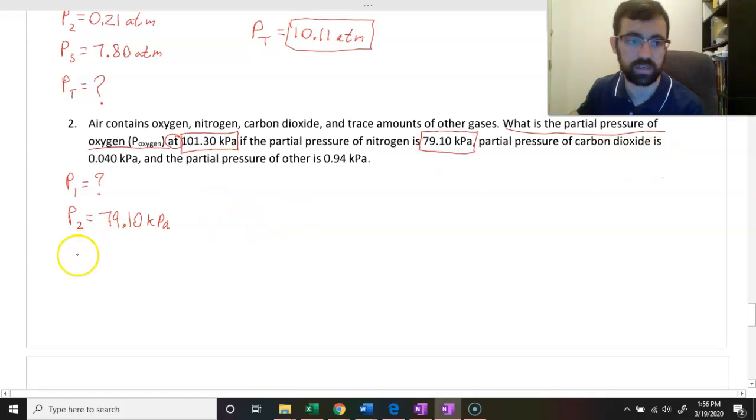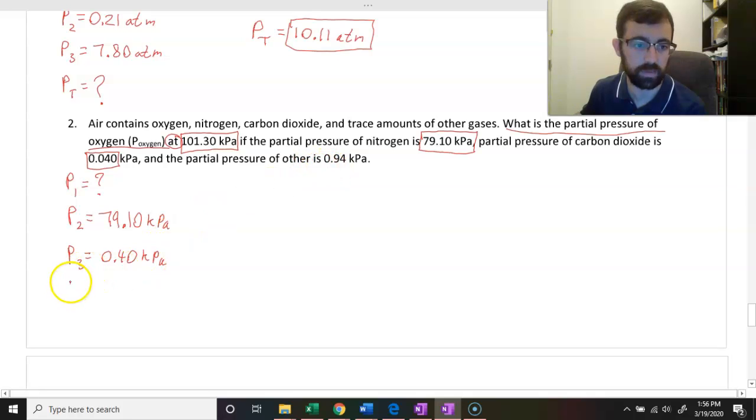That's going to be P3, 0.40 kPa. And the partial pressure of all the others, that's going to be P4, equals 0.94 kPa.